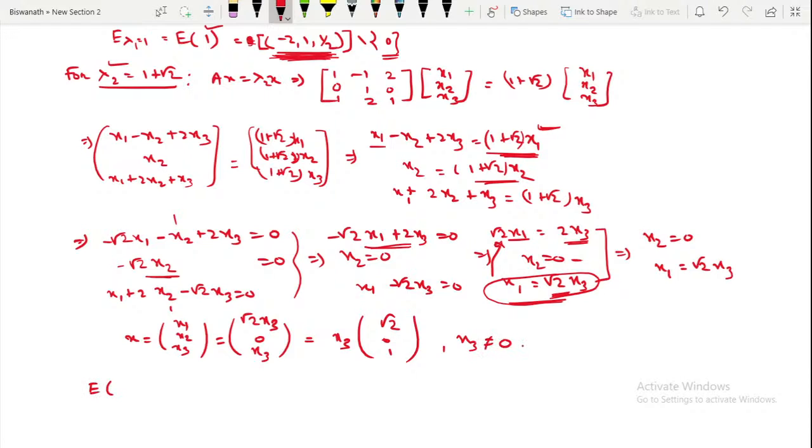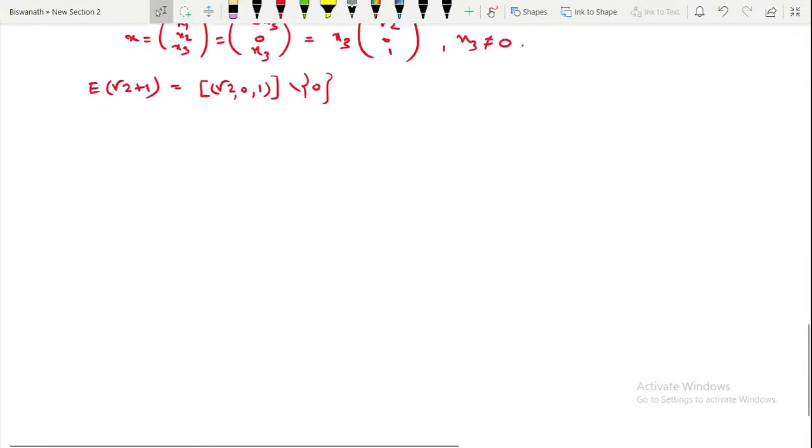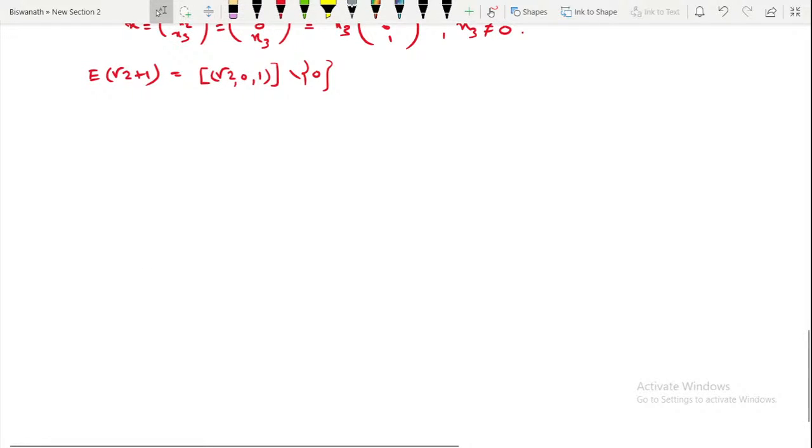So the eigenspace of 1 plus root 2 is the span of root 2, comma 0, comma 1, except 0, because we are interested in non-zero eigenvectors. So this will be the corresponding eigenvectors. Eigenspace means the collection of all eigenvectors.